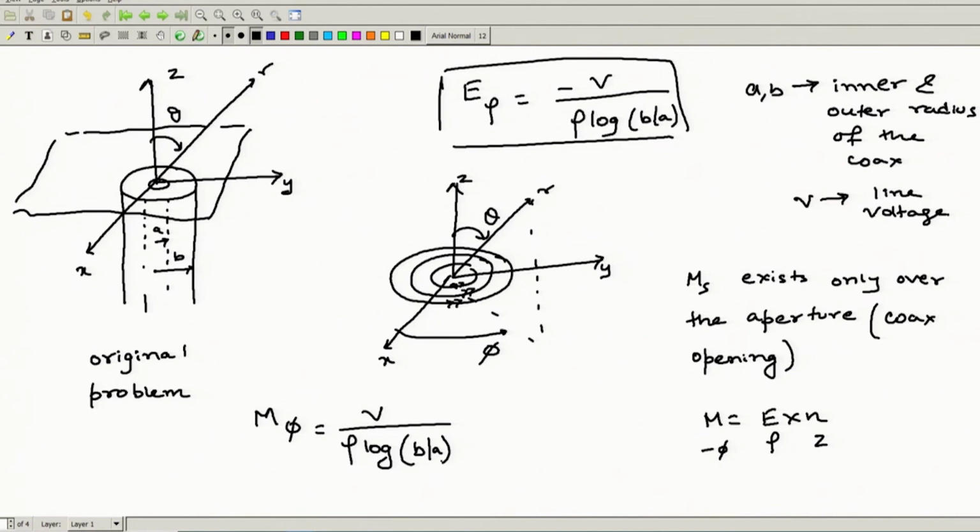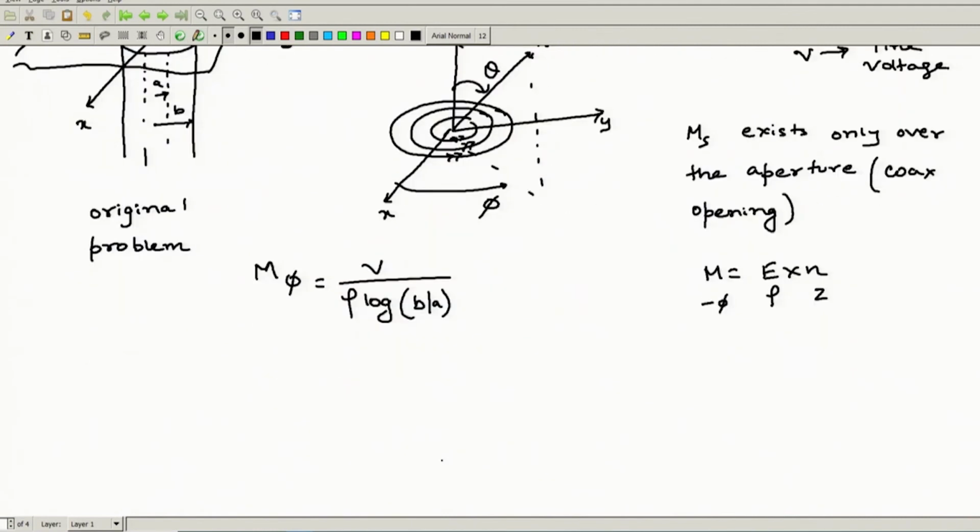So basically this is a loop of magnetic current which, if B is very less than lambda, can act as an electric dipole.